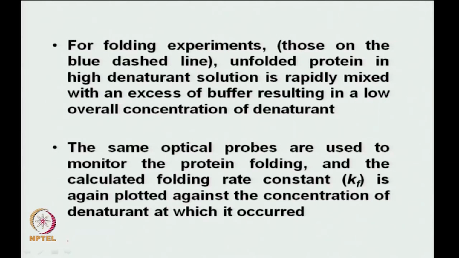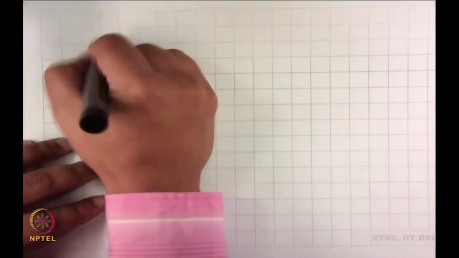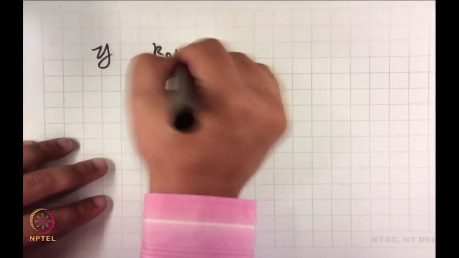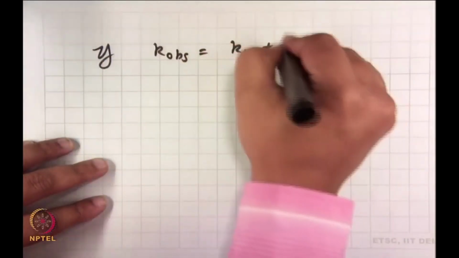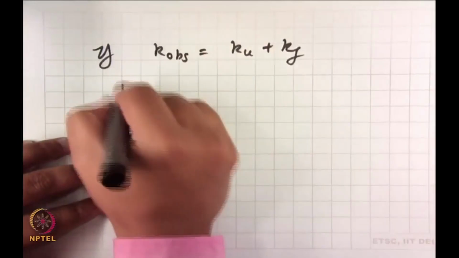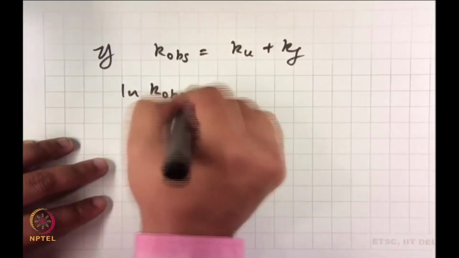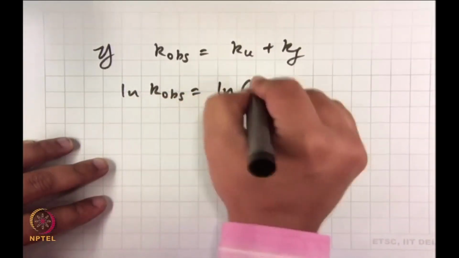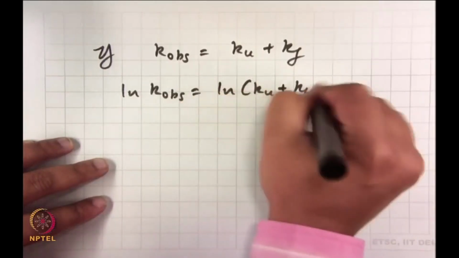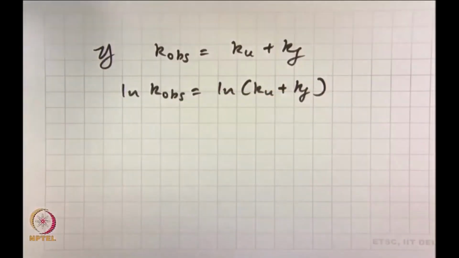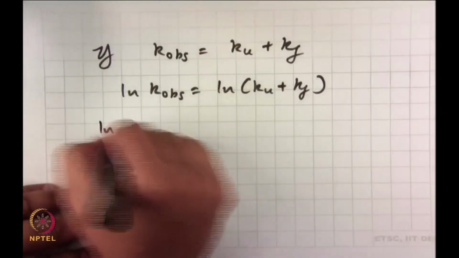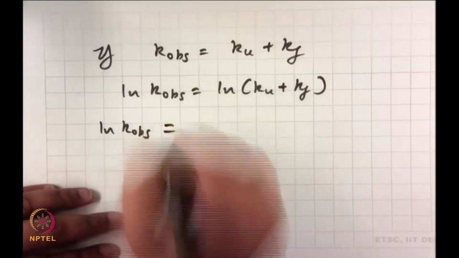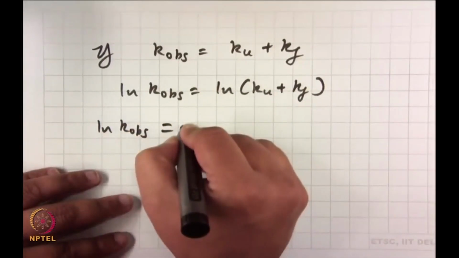So, then what I can now write is, if K observed is equal to K of u plus K of f, then ln K observed is equal to ln K of u plus K of f, okay. Or I can write ln K observed would be equal to ln.